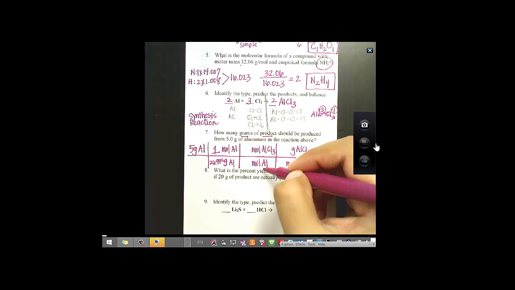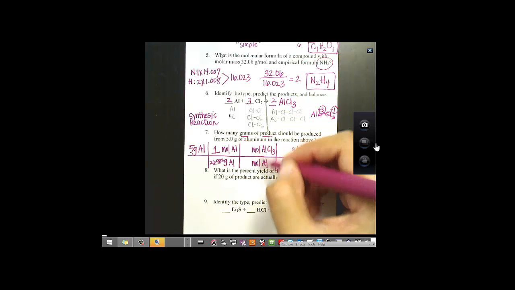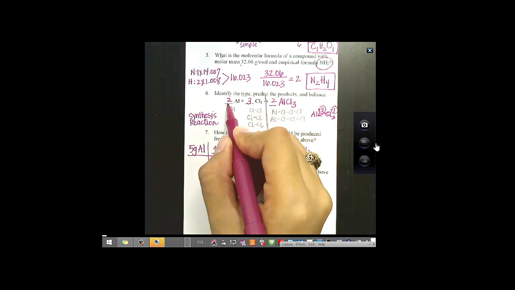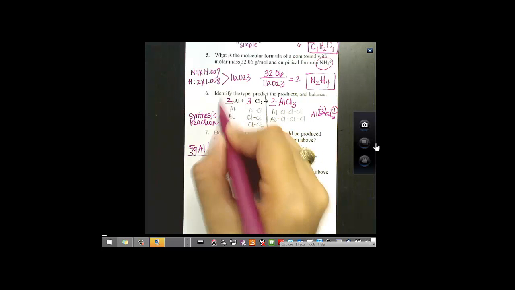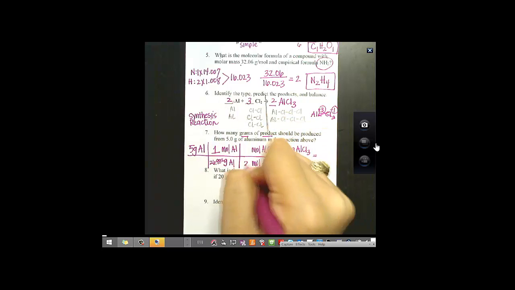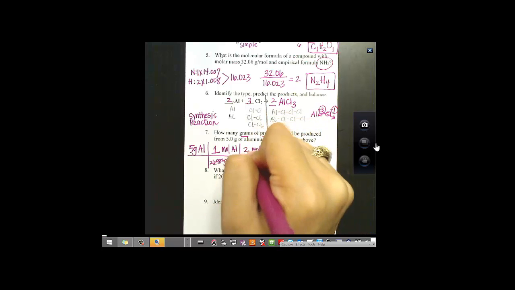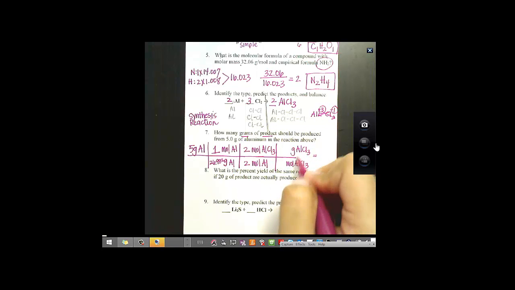Now I have moles of aluminum and moles of aluminum chloride. Anytime I have moles to moles, that's going to come from my balanced reaction. So I have to look at the coefficient for aluminum. That's a 2. And I have to look at the coefficient for aluminum chloride, which also happens to be a 2. And then last I have mass again.